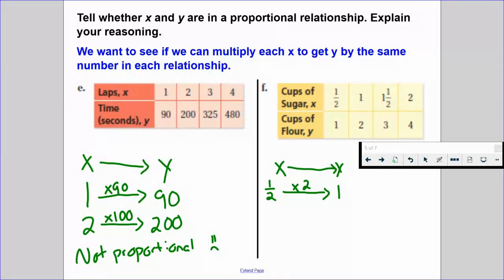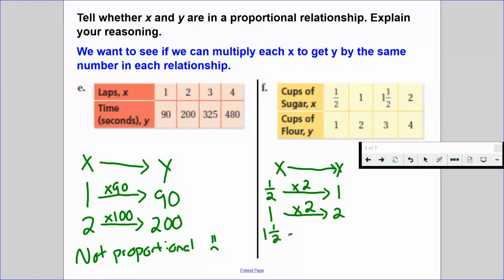So in order for this whole table to show a proportional relationship, I should be able to multiply each x by 2 and get that corresponding y. So let's go on to the next x value. The next x value is 1. The y value is 2. Look at that. I multiply 1 by 2 and I get 2.